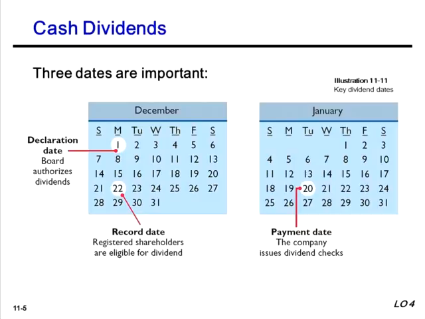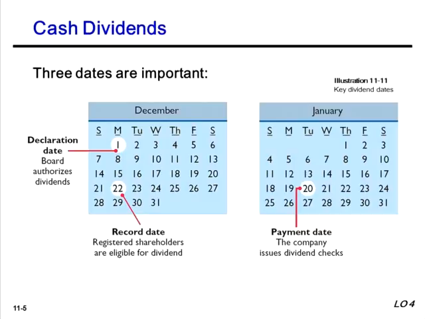Because of all the activity on the secondary market of stock constantly changing hands, determination has to be made in terms of who is entitled to the dividend. So 3 weeks after the declaration, the corporation will designate the date of record.